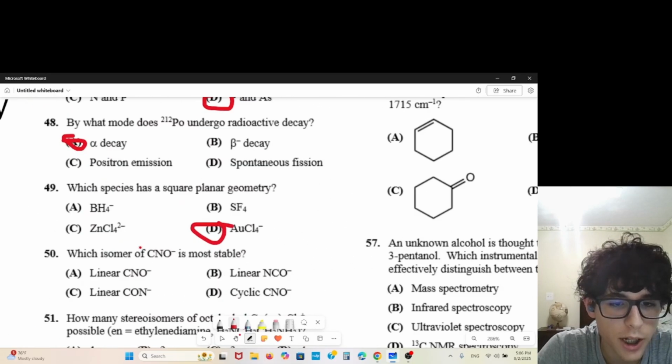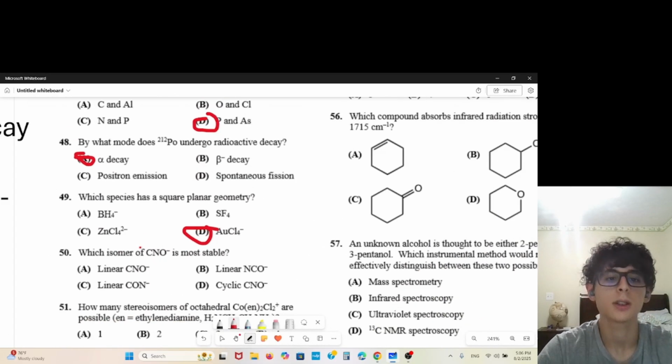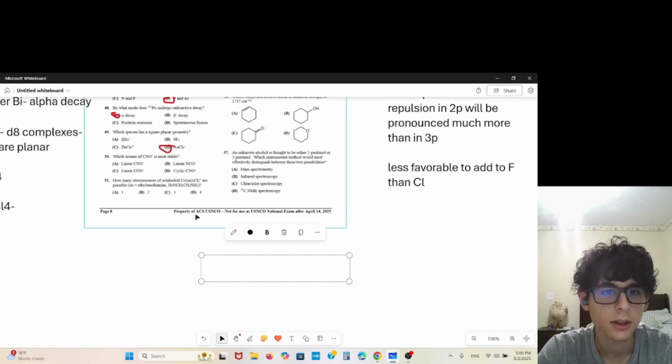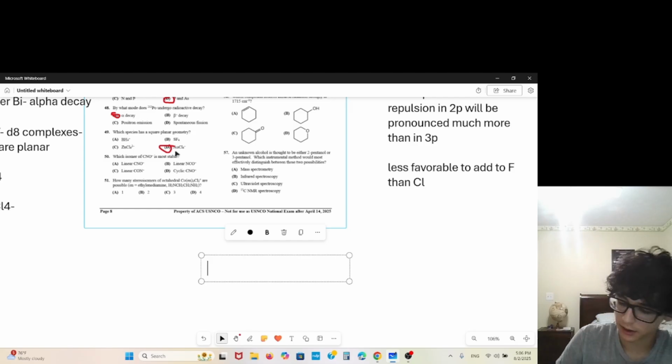All right, which isomer of CNO minus is most stable? Cool question. Let's figure this out. You have to do this with formal charges, unfortunately. Okay, but it's not too hard. Draw it out.